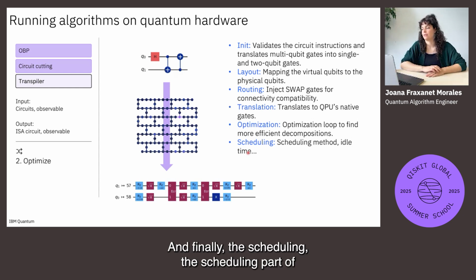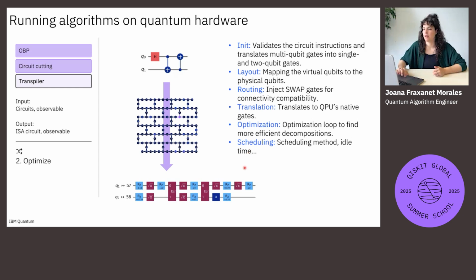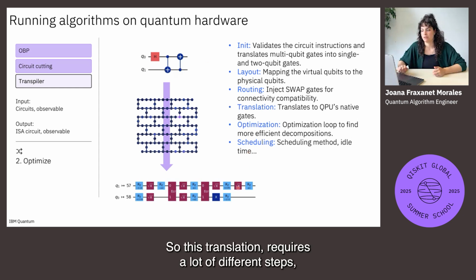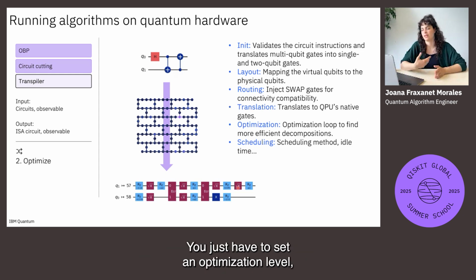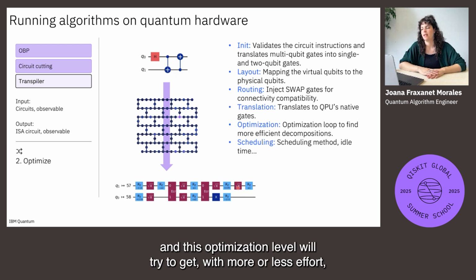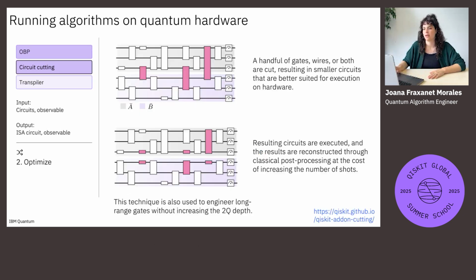And finally, the scheduling part of it is really thinking about how all this will be implemented in the device. So this transpilation requires a lot of different steps, but in principle, Qiskit does this for you, so you don't have to worry. You just have to set an optimization level, and this optimization level will try to get, with more or less effort, the best mapping and the best transpilation of the circuit into the device.